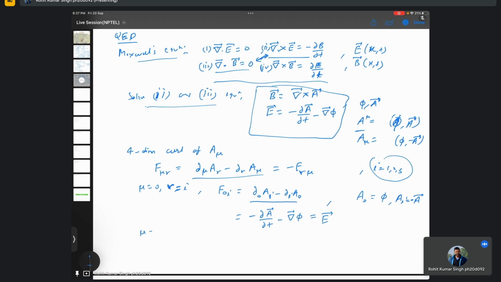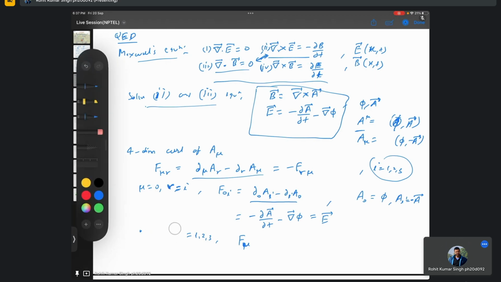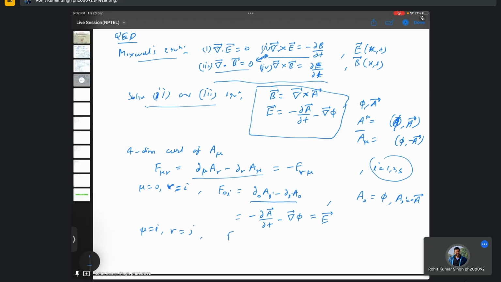Similarly, let's put mu equal to i and nu equal to j, where again i and j are 1, 2, 3.